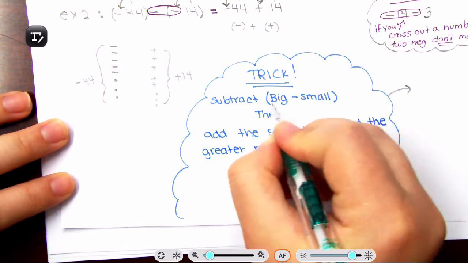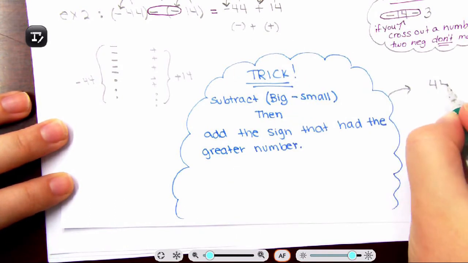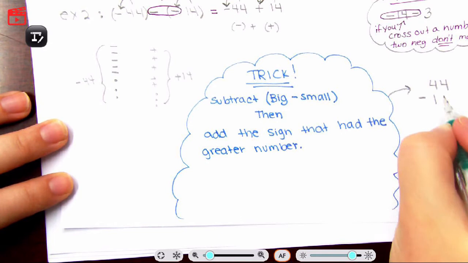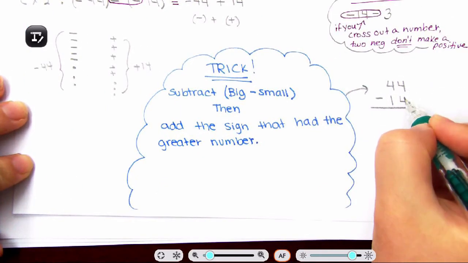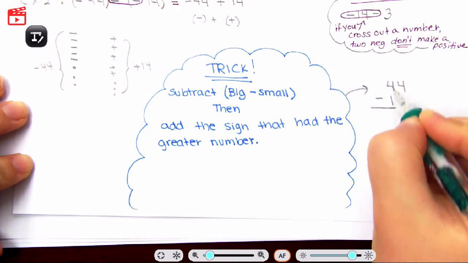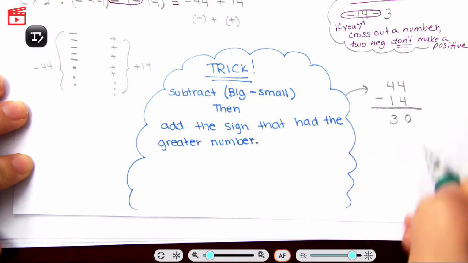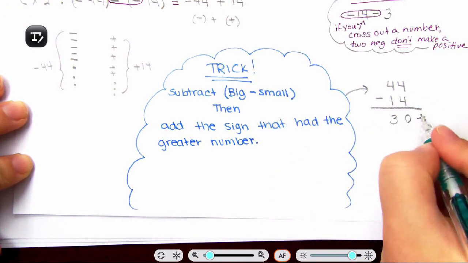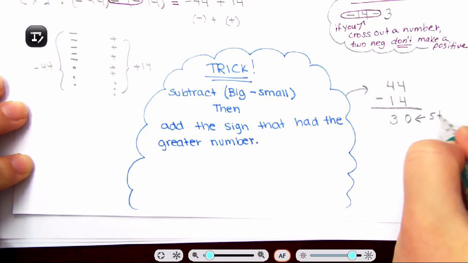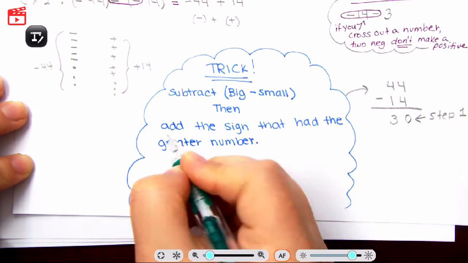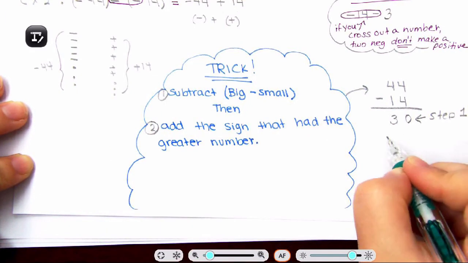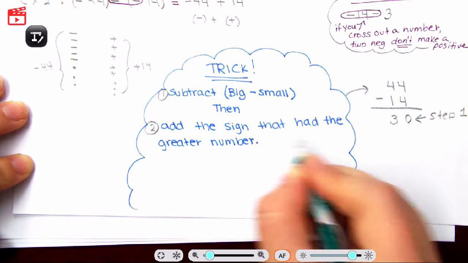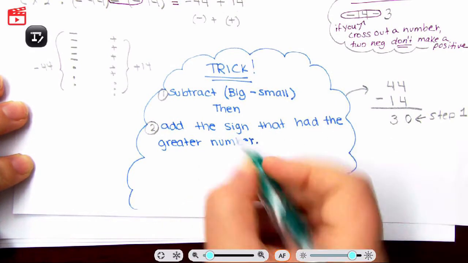So I'm going to take the big number, which is 44. I'm going to subtract the smaller number, which is 14. 4 take away 4 is 0. 4 take away 1 is 3. So this is step 1. This is step 2. Then add the sign that had the greater number. So which one had more?